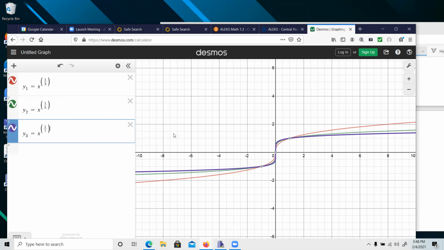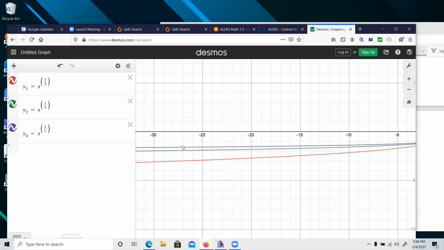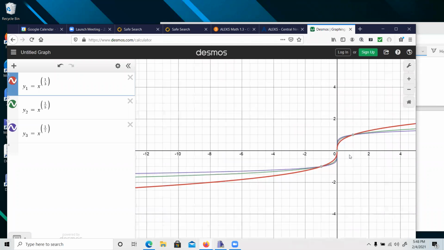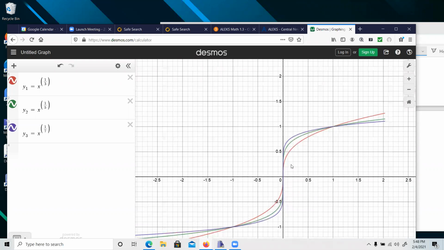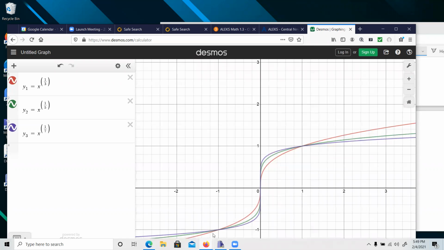That one's harder to see if you go out far enough. As we get bigger numbers here, there's less space between them. They will condense up around 1. They'll change positions. You can see that: the biggest number turns into the smallest number.